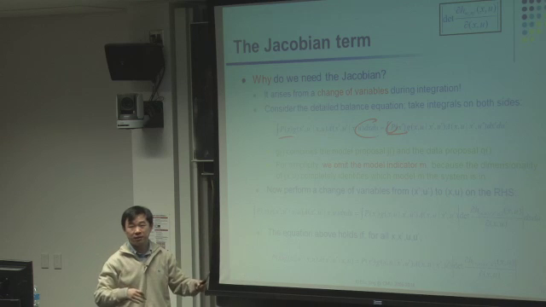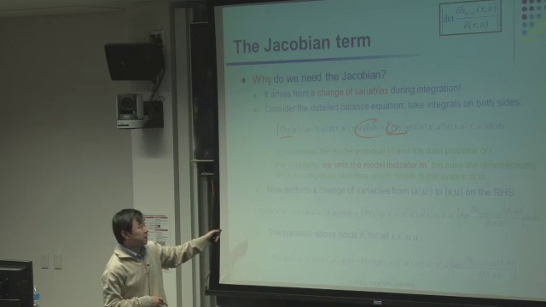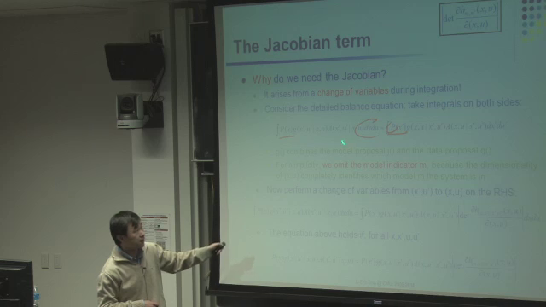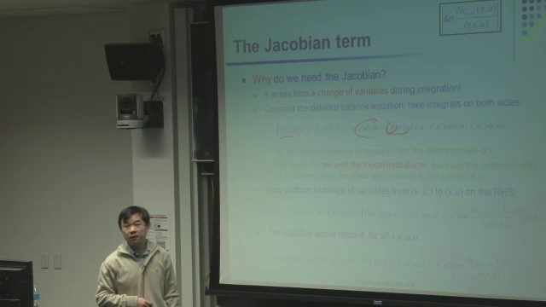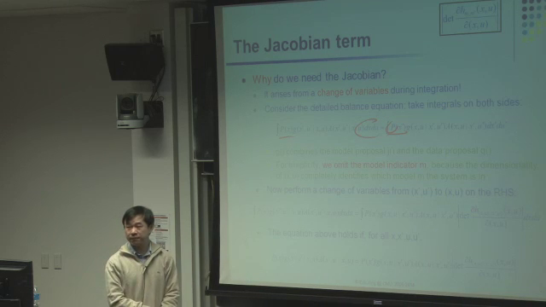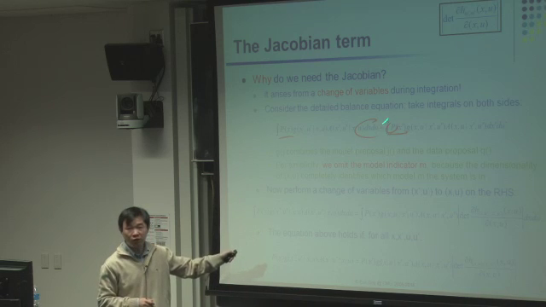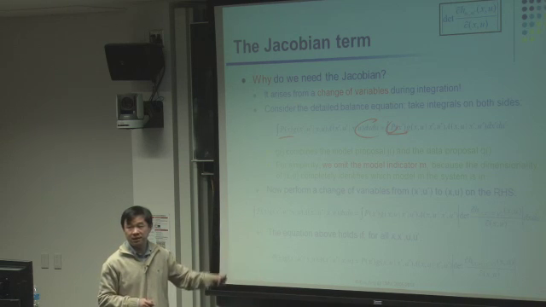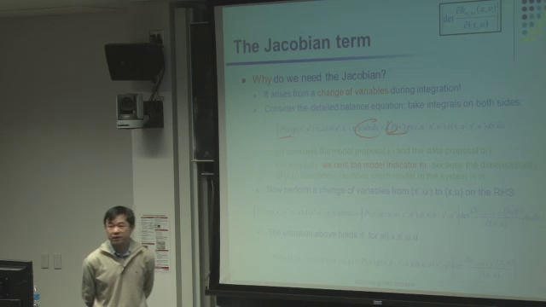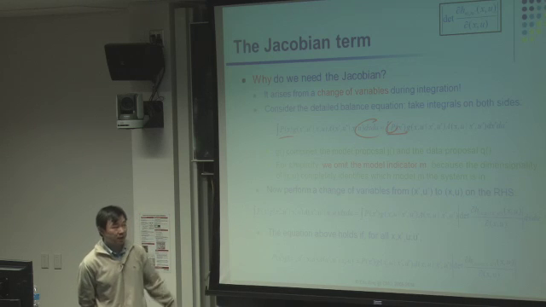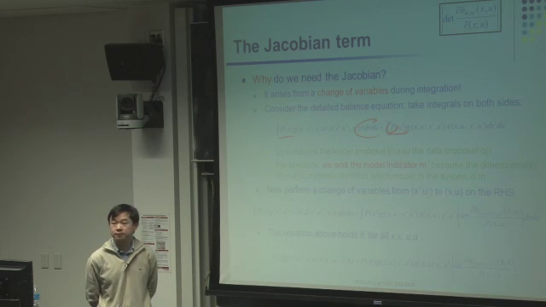Basically, the detail balance is to achieve this fact, but it is not achievable with the original detail balance equation. Therefore, you are going to perform the integration on both sides and see what other equivalence has to be achieved. And that's why the Jacobian is introduced.